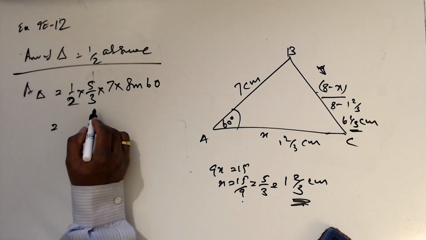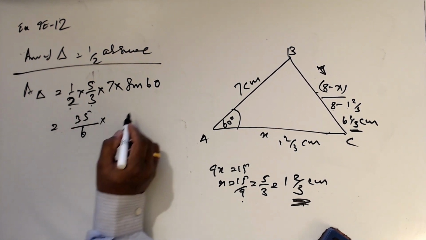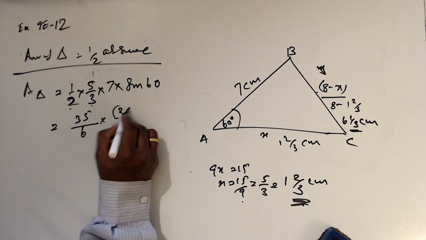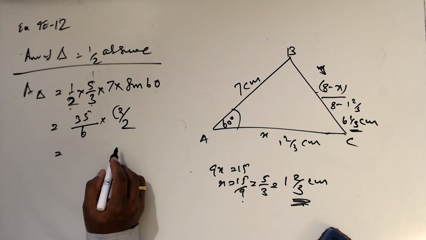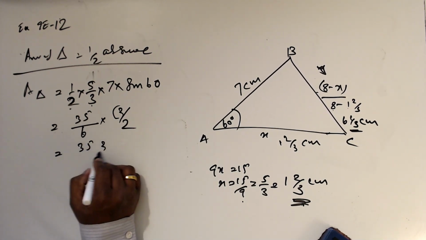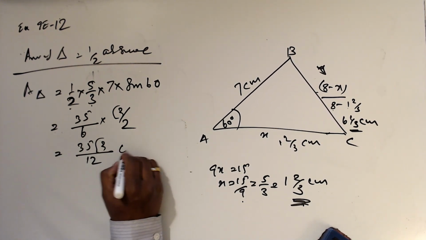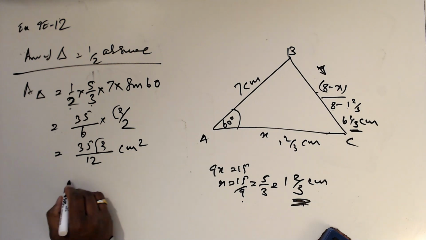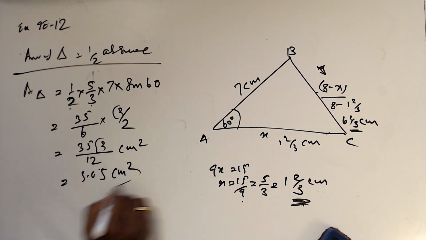So this is going to be 35 over 2 times 3, sine 60. Sine 60 is square root 3 over 2. Then this is going to be 35 square root 3 over 12 cm squared, or 5.05 cm squared.